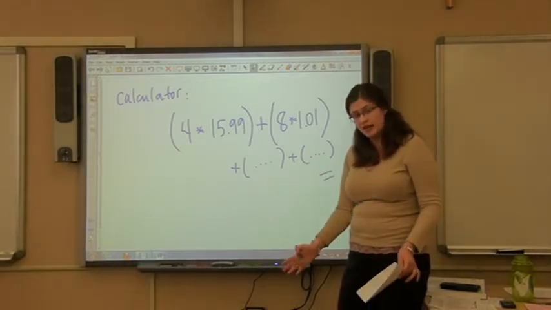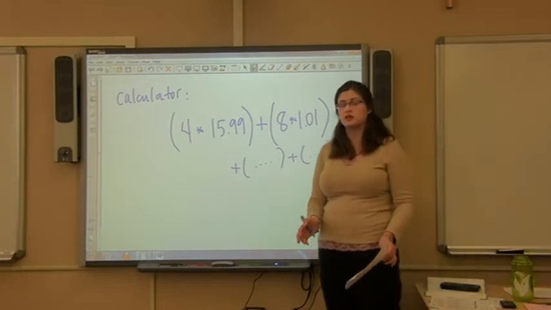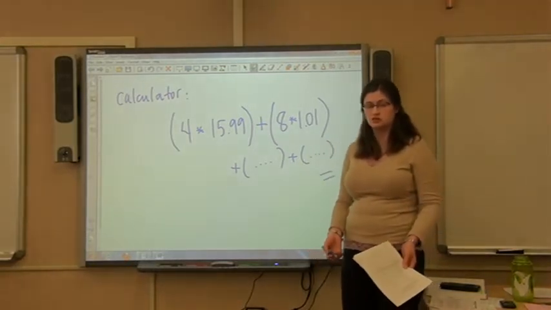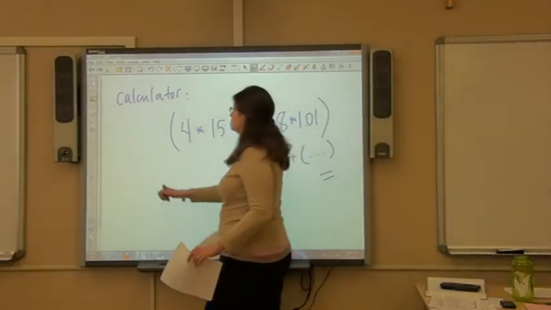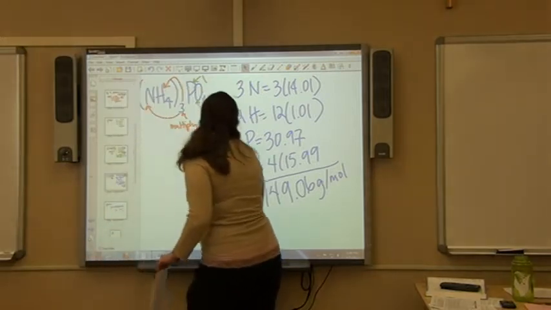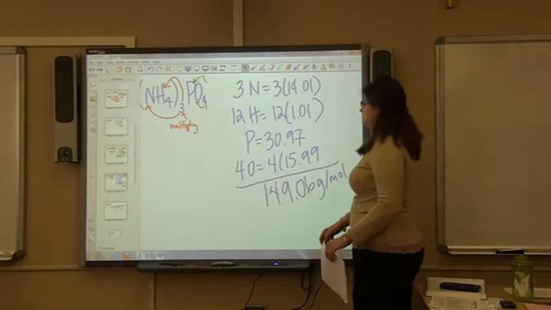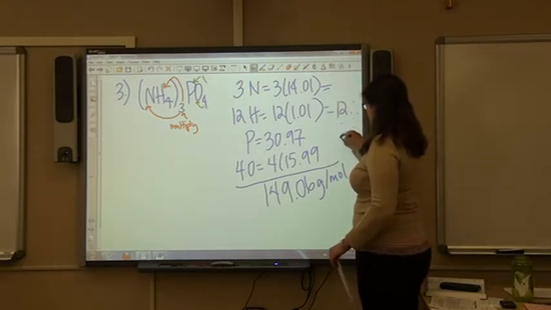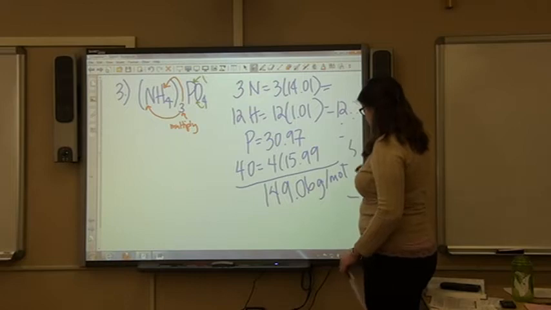If you don't have the parenthesis key or it's not working on your calculator, you'll need to go through and multiply each of these terms independently, which means that you might have to write all this stuff down and do these things individually. Write all these numbers down and then add them up with your calculator at the end.